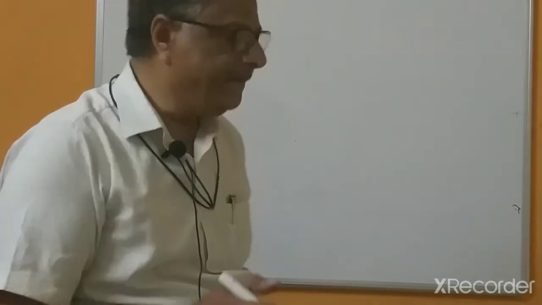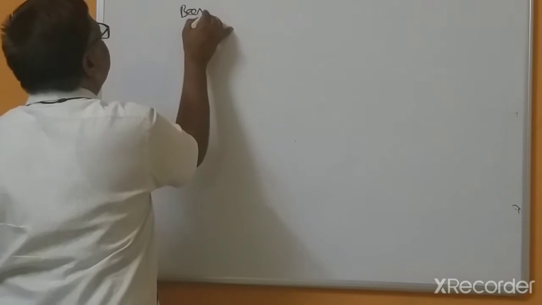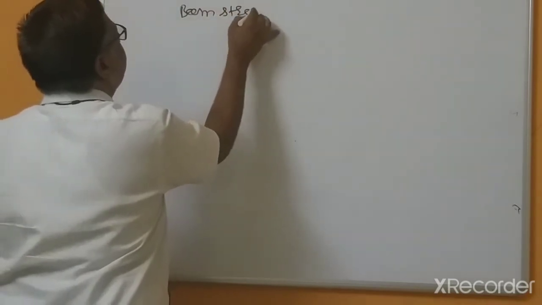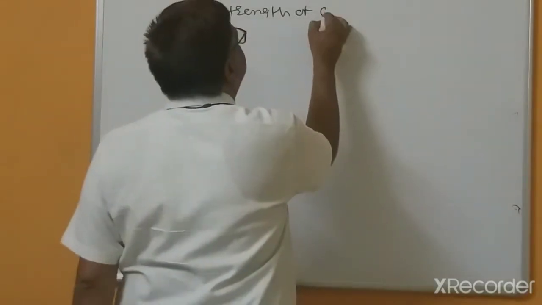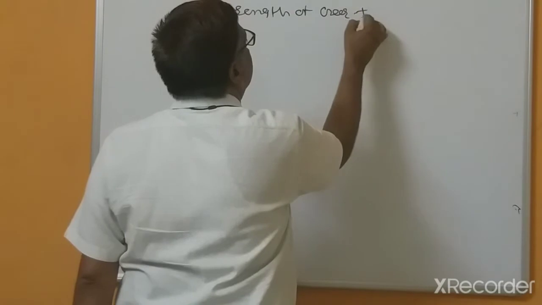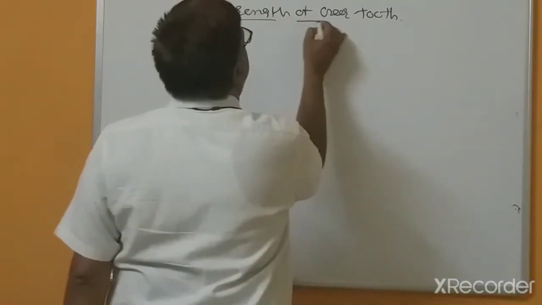So next is the beam strength of gear tooth. What does this mean?